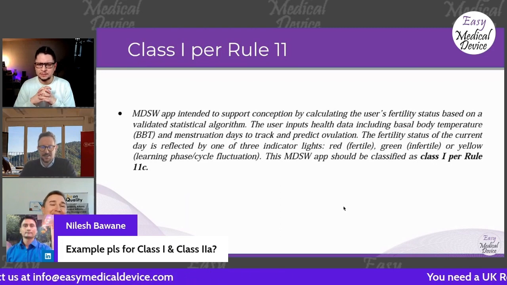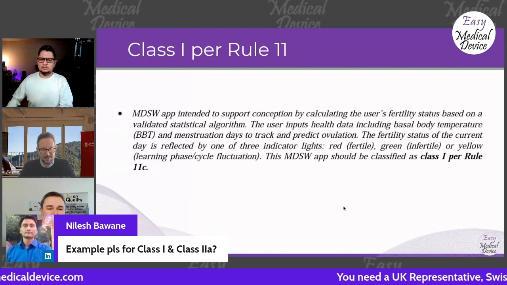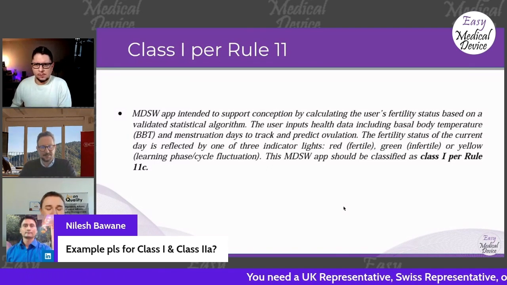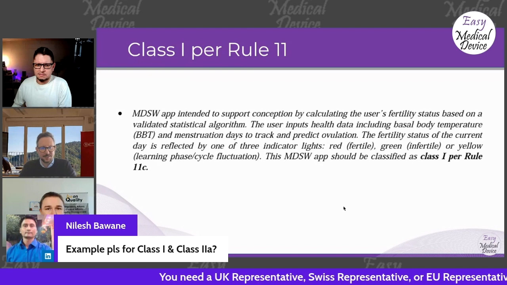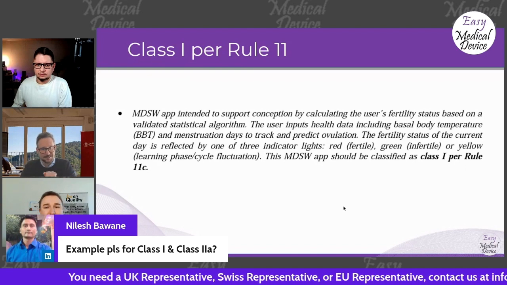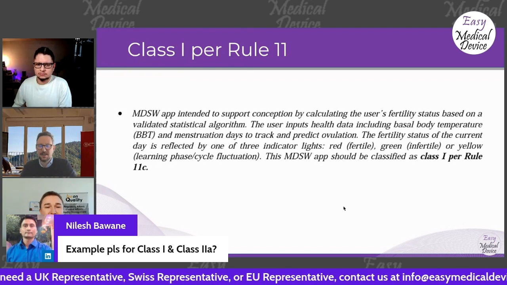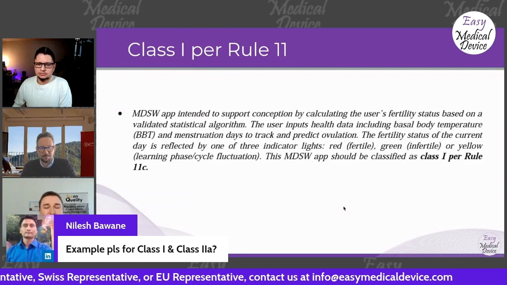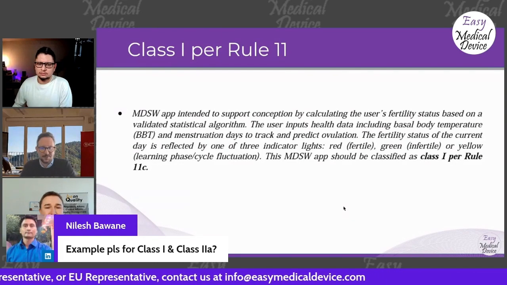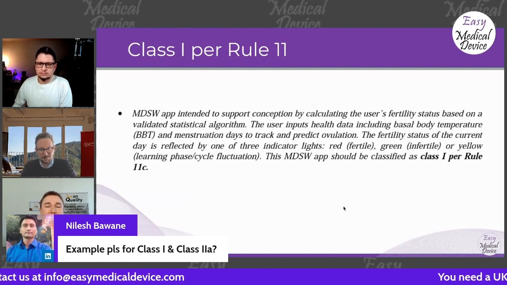And this could also be the argument to say, okay, this is not really a medical purpose. It is a purpose laid out later in the definition, this conception, and that is the reason why it's class 1. But the good and bad of this example is that it doesn't give you a good explanation why. This is really something that's missing here.